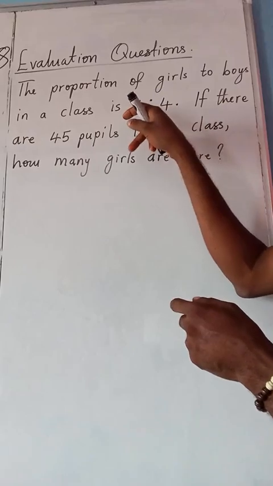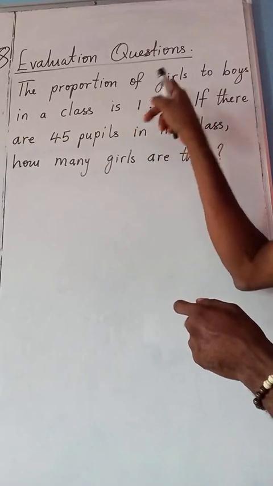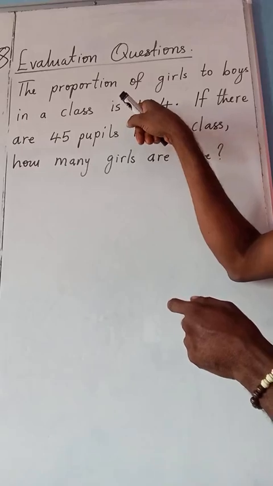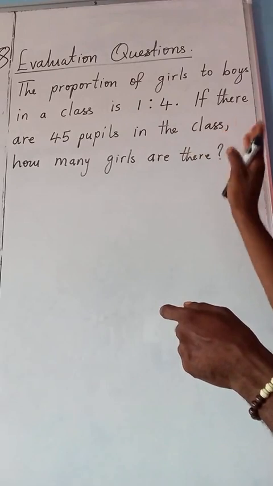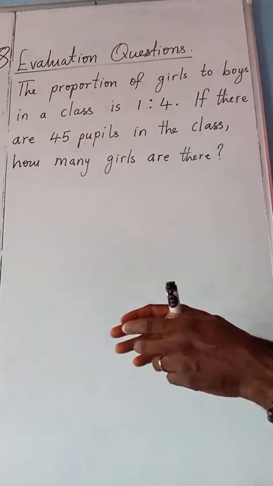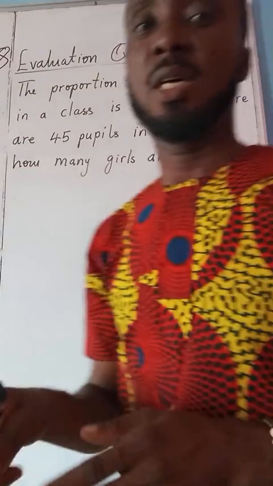Then you add 1 plus 4 to get the total ratio, which is 5. The girls is under 1, so it will be 1 over 5, the total ratio, times 45 over 1. When you divide and simplify, you get your answer.